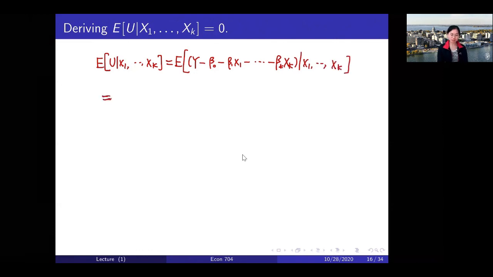Now, as we learned, conditional expectation is still an expectation, and an expectation is linear.